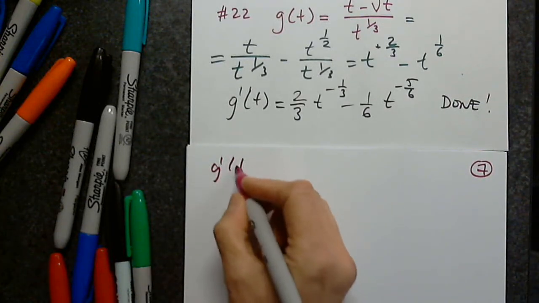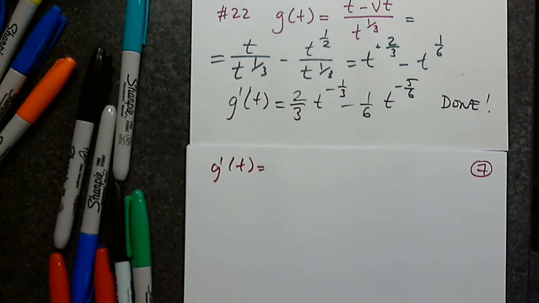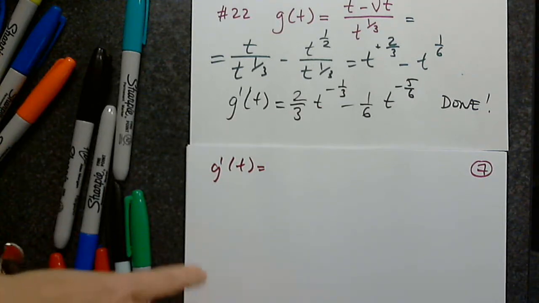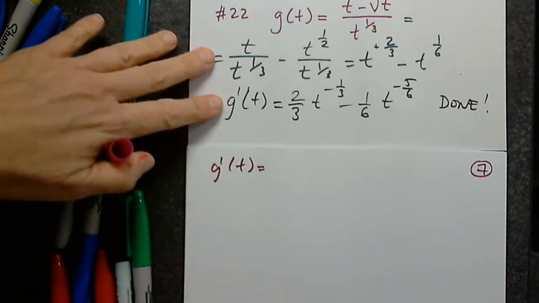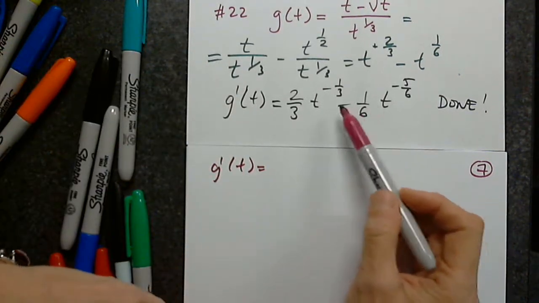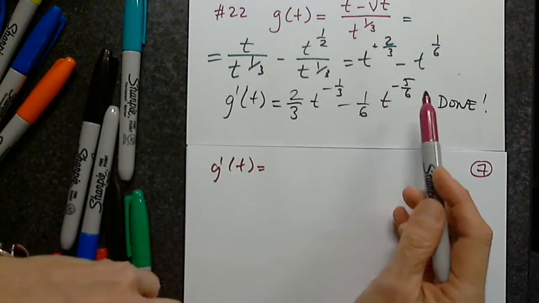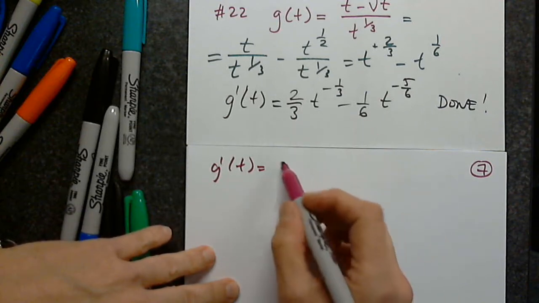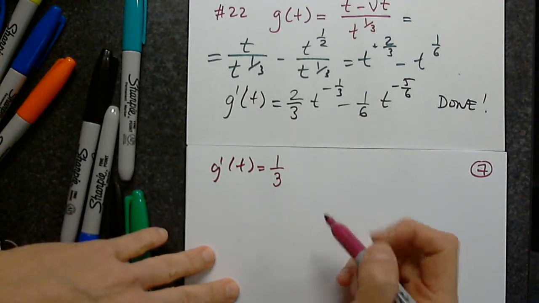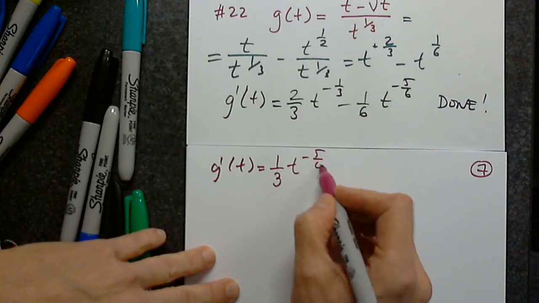So g prime of t, I will have to factor out the smallest of the two powers, of course. So the smallest of these two is negative 5/6. So I will factor out 1/3 and t to negative 5/6.